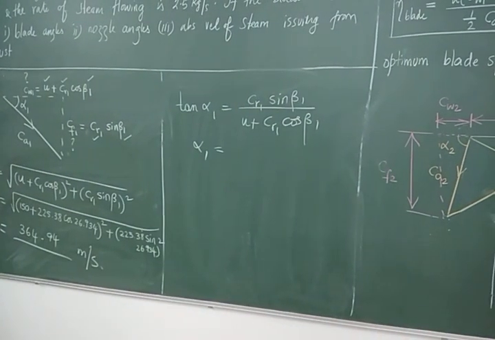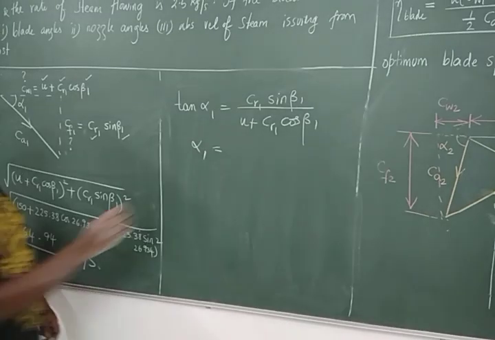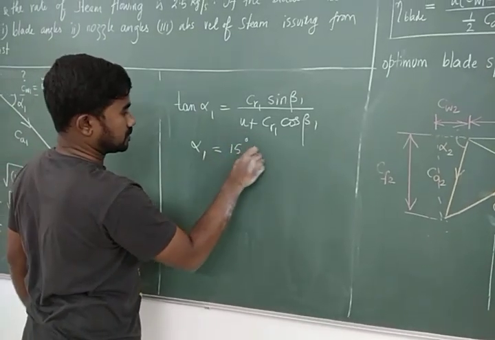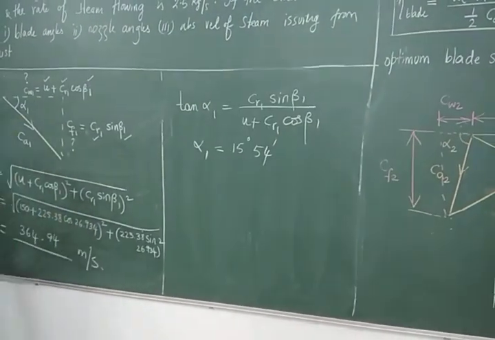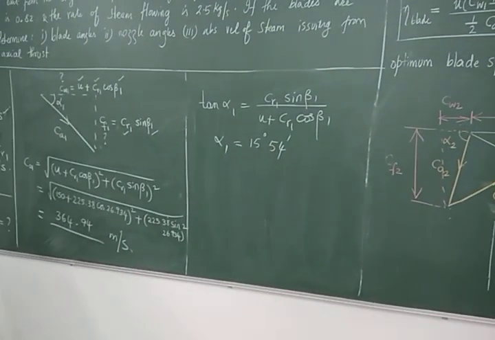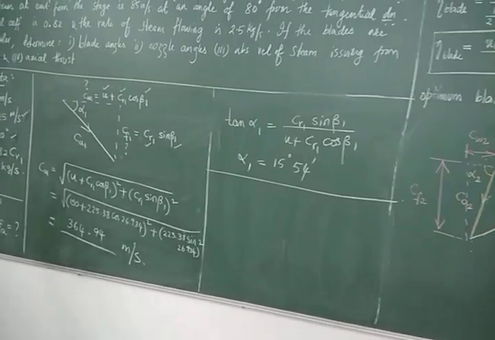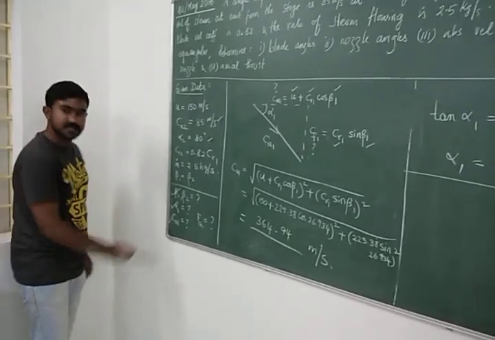Alpha 1 is 15 degrees 54 minutes. Right. Now all these data are found. We found alpha 1, we found CA1.